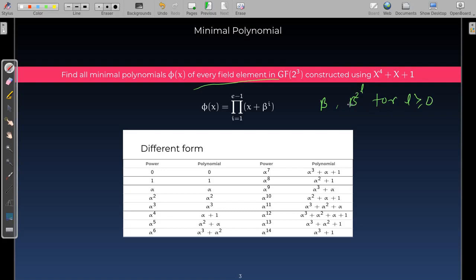When this is again going to repeat back to beta, we have found all the conjugates, and at most, for any field element, the maximum number of conjugates can be equal to the degree of the field. For example, in the extension field GF(2 to the power M), you have at most M conjugate elements. You can't have more than M. Anyway, this is just going to give you an idea how to calculate these things.